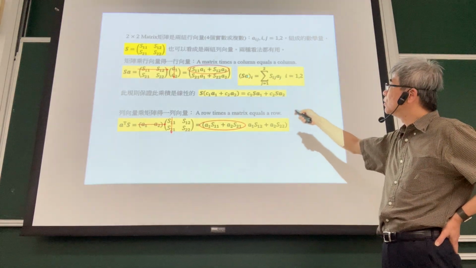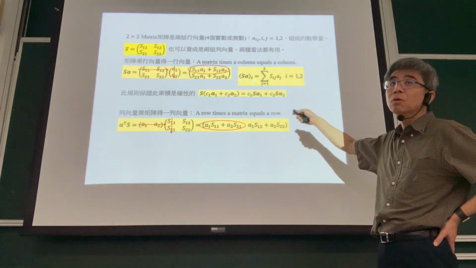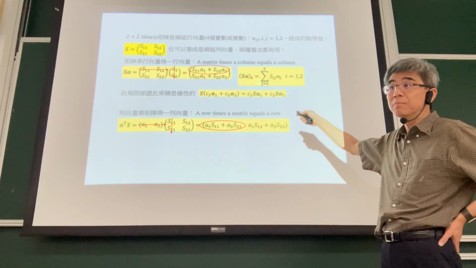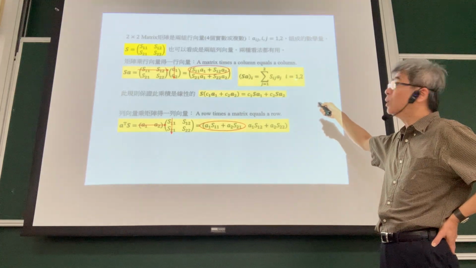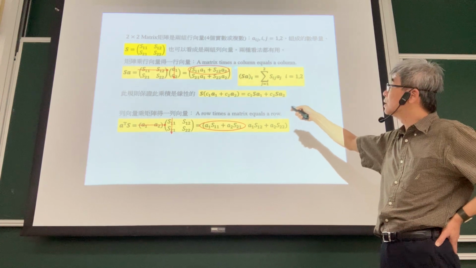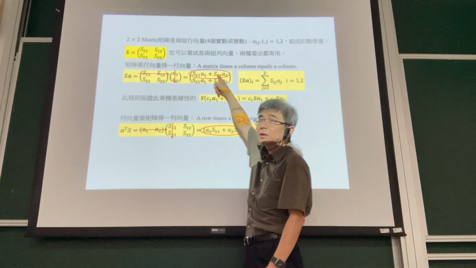That means for the i-th element of this SA, my way to understand this kind of formalism is to take an example. For example, i could be 1 or 2. So let's say i is equal to 1. So I'm talking about the first element of the final product.